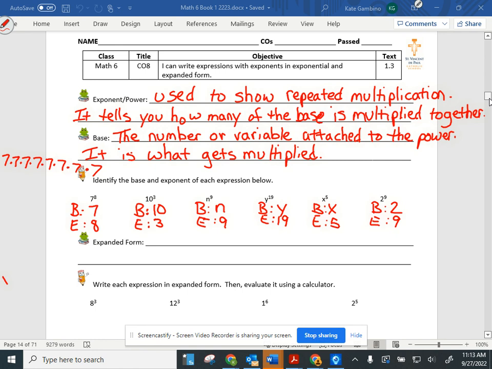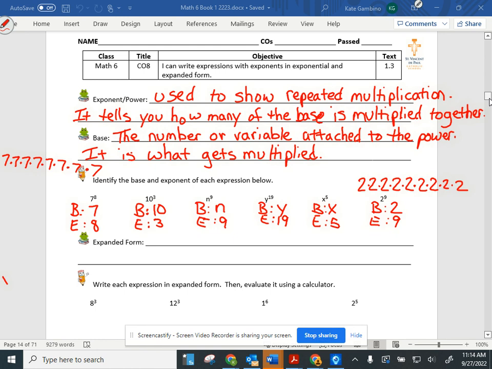We don't want that. We are not multiplying 2 times the exponent. You're multiplying it all the way out. And you have to actually do all of that math. That's a lot of math. So we can use our calculator.